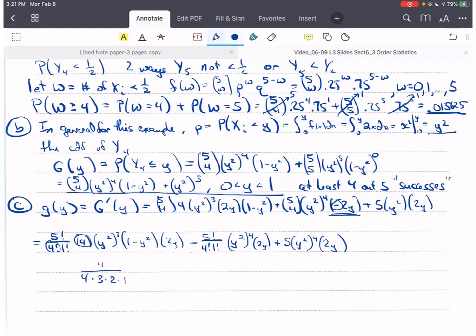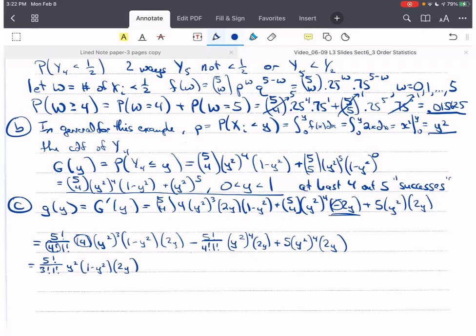So we've got a 4 up here, and we can cancel the 4. We'll end up with 3 factorial left on the bottom. So this is equal to 5 factorial over 3 factorial, 1 factorial, and then times y squared, 1 minus y squared, times 2y.